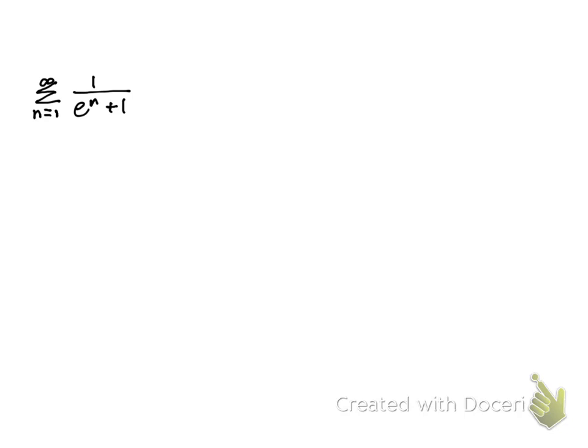So I'm going to give this a name so I don't have to keep writing out my equation. Let's call that the series of b sub n. And then let the series a sub n be the series from 1 to infinity of 1 over e to the n.